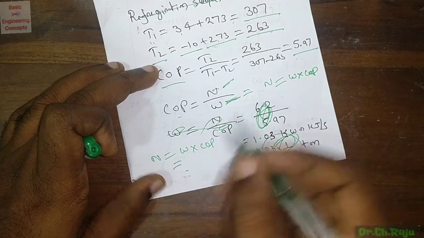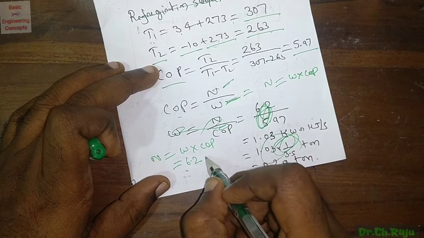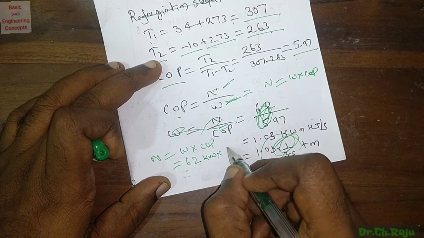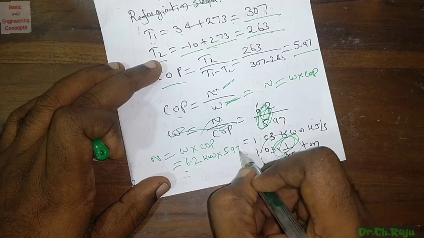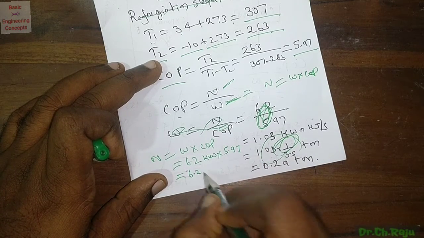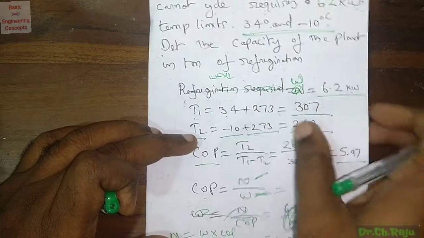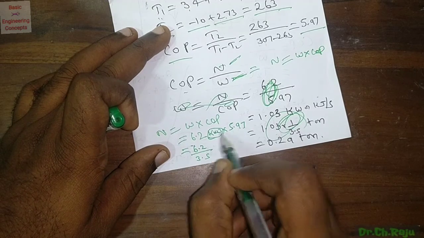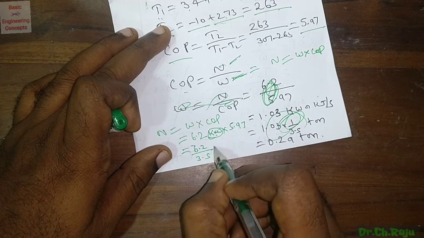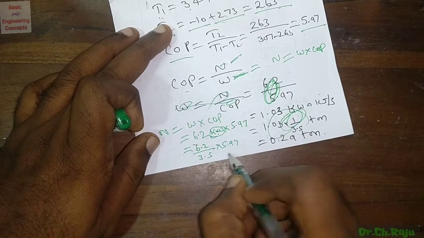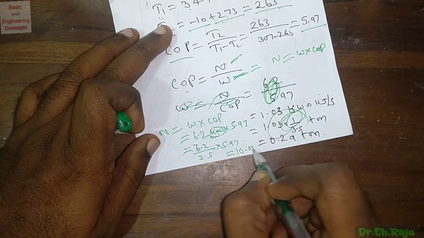So W is equal to 6.2 kilowatts into COP, 5.97. Then you can convert to the capacity of the plant in tons: 1 kilowatt is equal to 3.5 ton, so multiplying by 5.97 gives 10.7 tons.